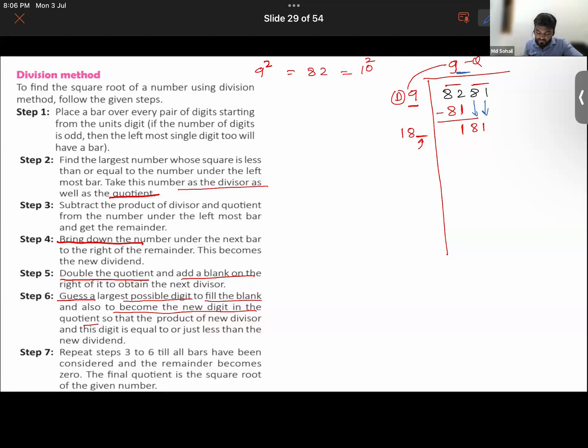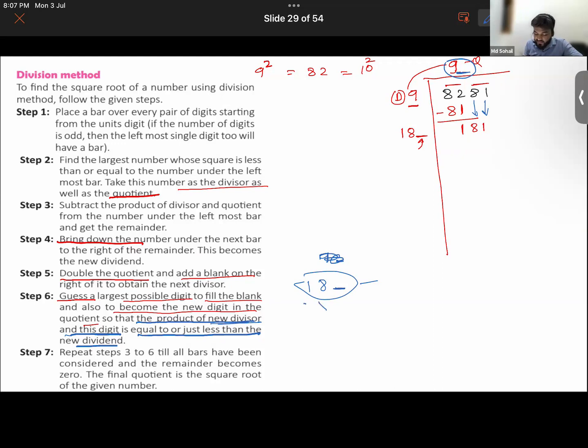So that the product of the new divisor and this digit is equal to or just less than the new dividend. The new divisor is this 18 and this blank, so that the product of the new divisor and this digit is equal to or just less than the new dividend.